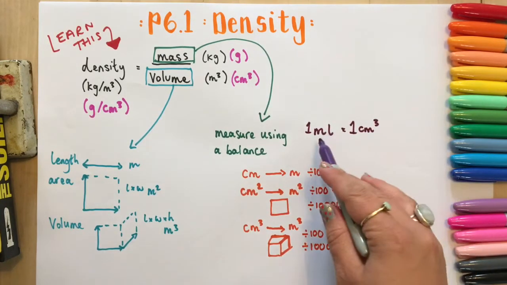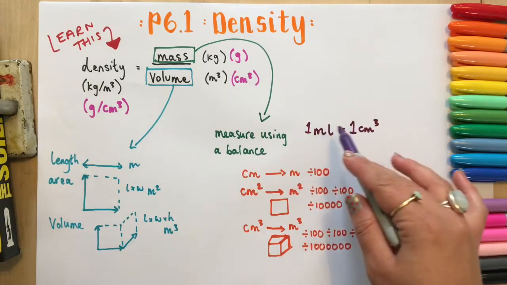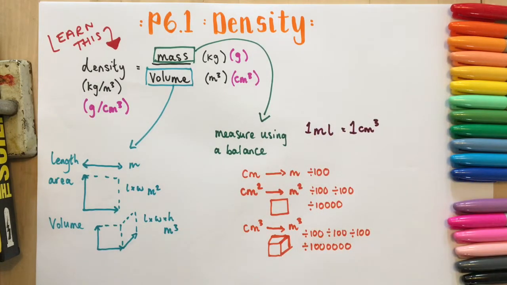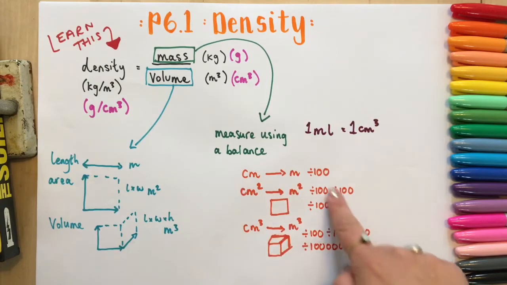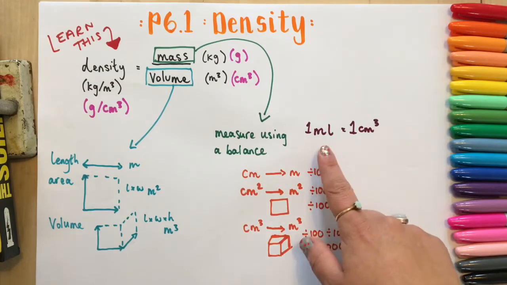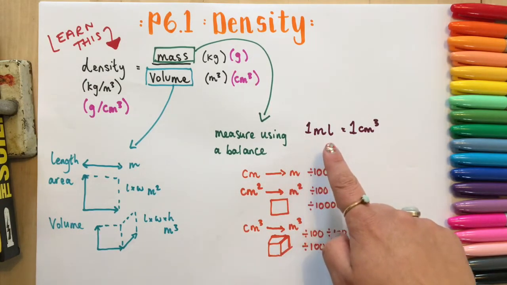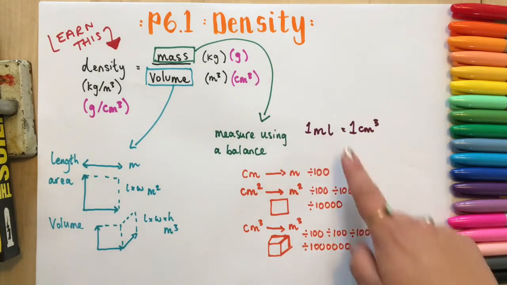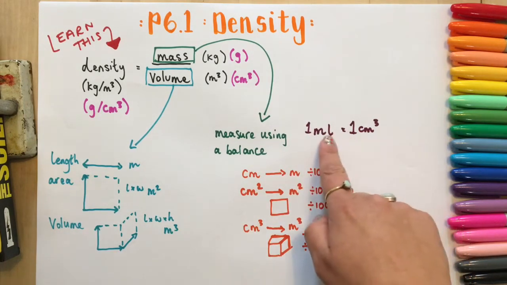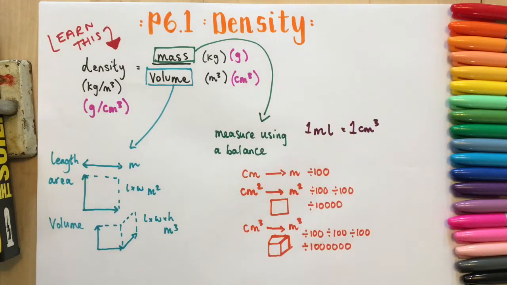Okay, so that's a good kind of equivalency that you can think about. And then you could convert to metres cubed using this strategy here. So there will be a point when you watch the practical where you have to be able to do this conversion from millilitres into centimetres cubed, and it is quite a straightforward process.